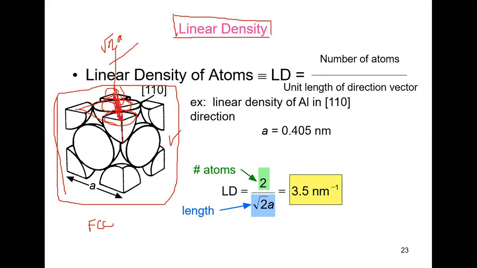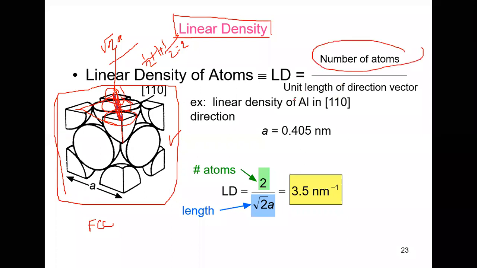So number of atoms along this line will be half plus 1 plus again half. So number of atoms will be 2 in this case.